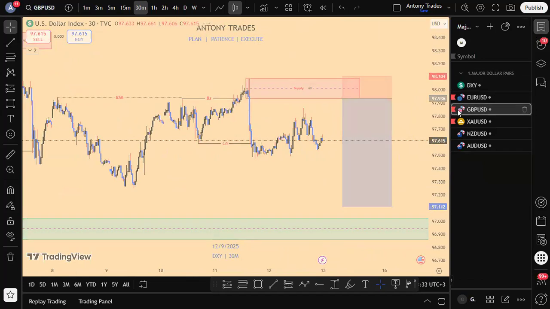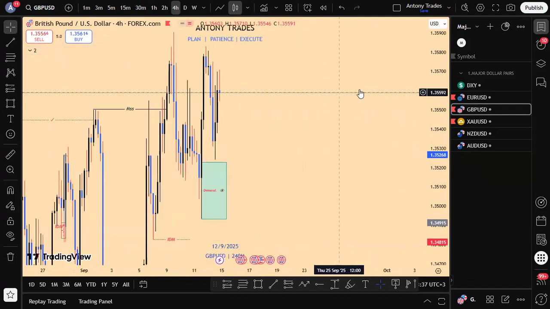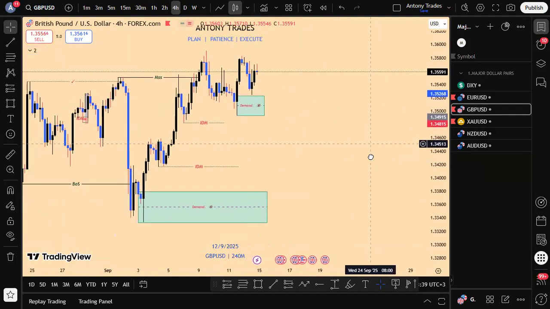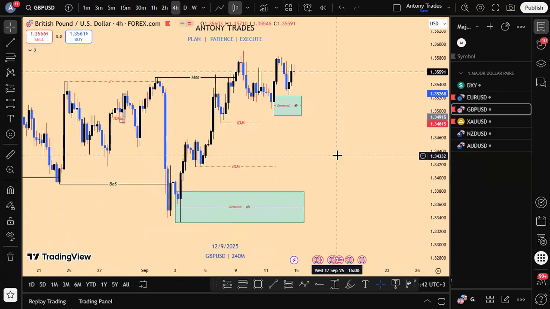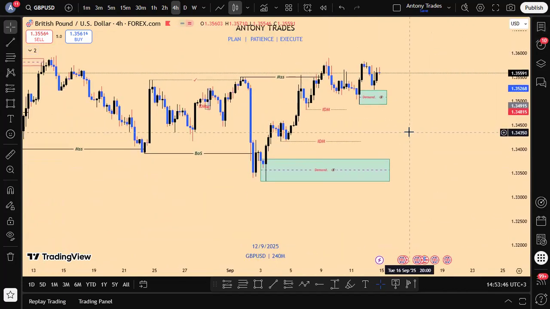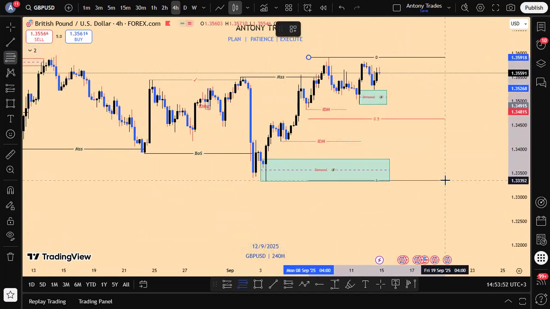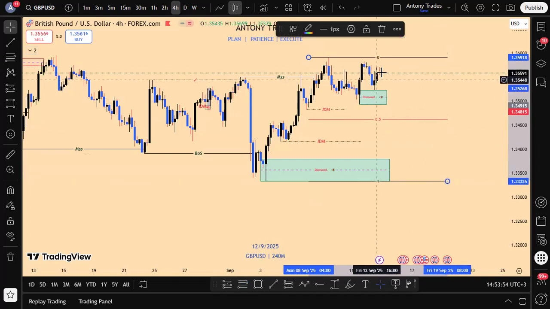Going to the GBP USD, for me, I don't have a clear setup since the GBP USD did not retrace to the discount. If I take the Fibonacci tool and draw it from the swing high to the swing low, you can see GU never came to the 50%.